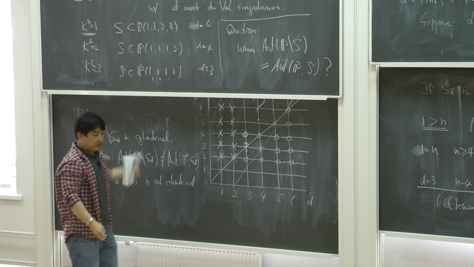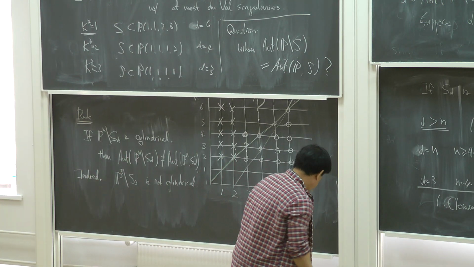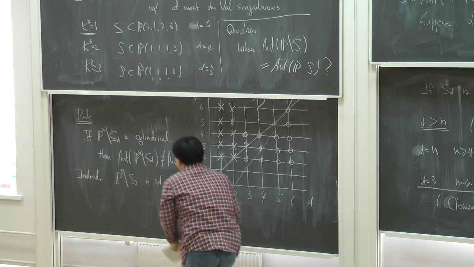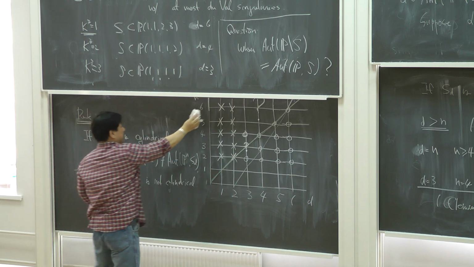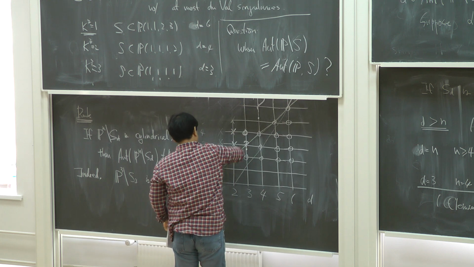Okay, so this is the generalized Zariski-Tuller conjecture.